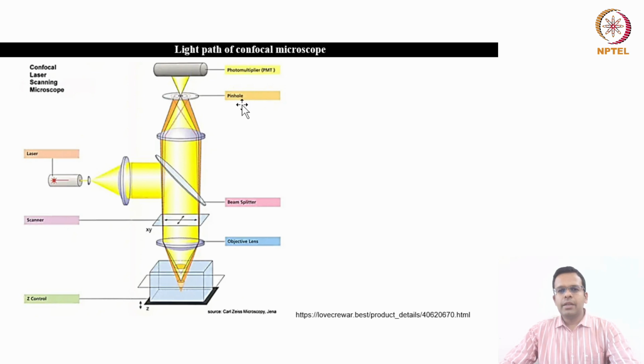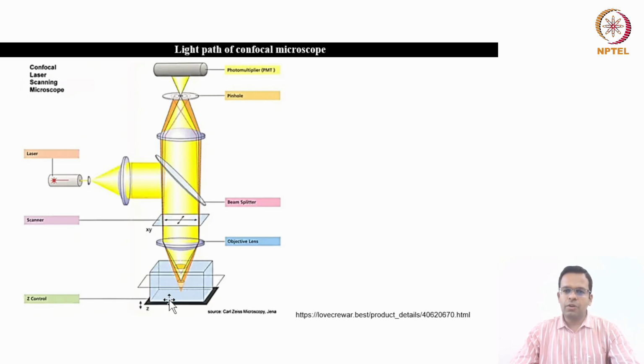Here is another graphic to explain the light path of the confocal microscope. Generally the light path of the confocal microscope is the same as any epifluorescence microscope. As you can see, this is the laser, which is the light source. From the light source, one specific wavelength will pass through this beam splitter, and this is basically the filter of a specific wavelength.